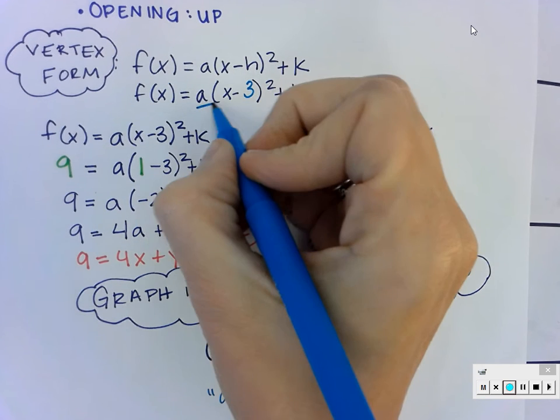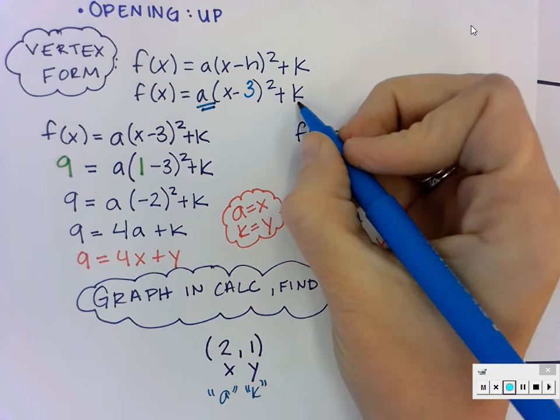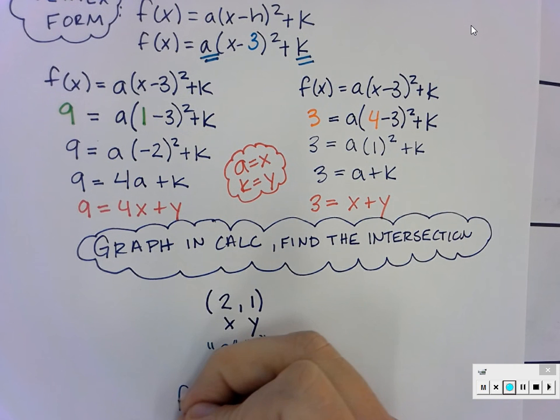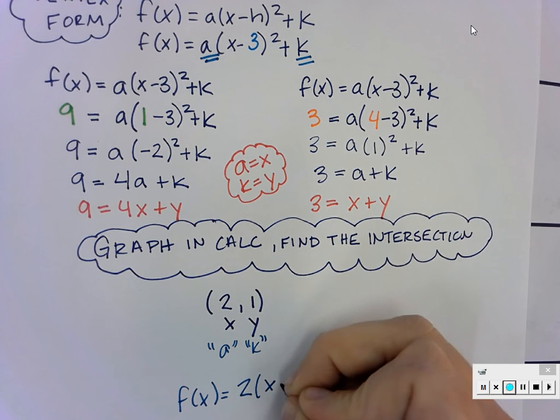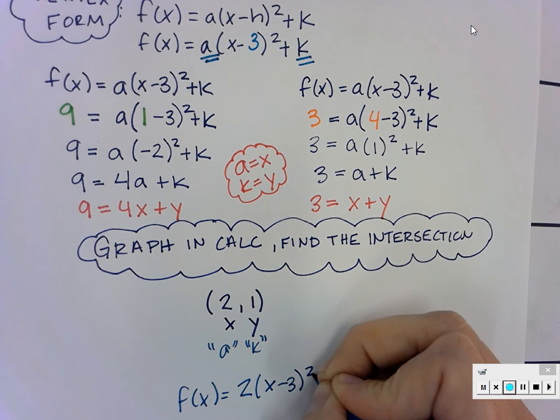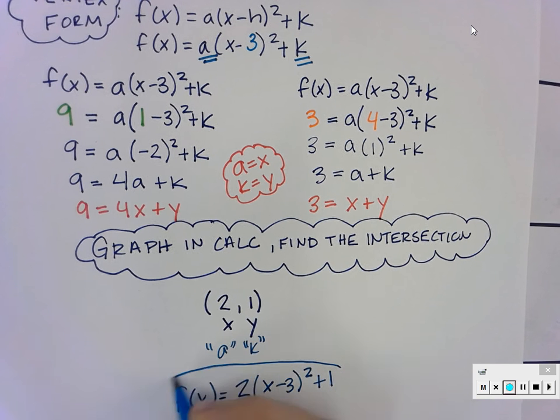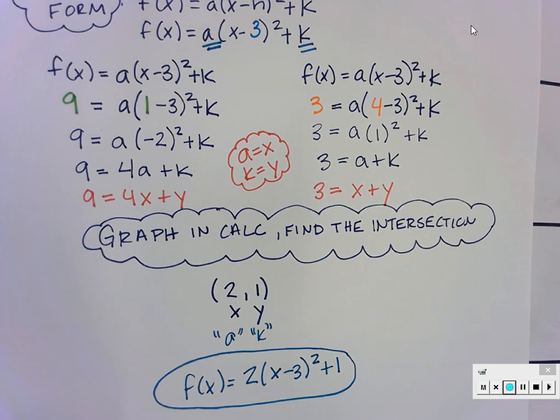So for our a, we're going to plug in a 2, and for our k, we're going to plug in this 1, and we're going to rewrite this as f of x equals 2 times (x minus 3) squared plus 1. And there is my quadratic function in vertex form. I've found it, given that information.